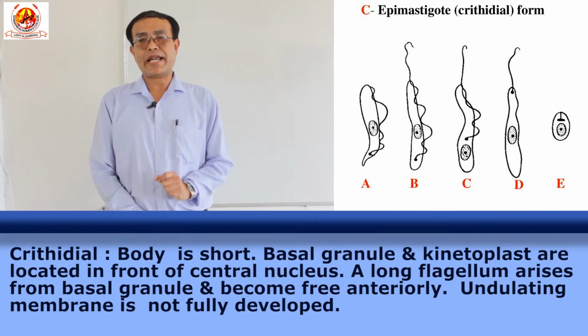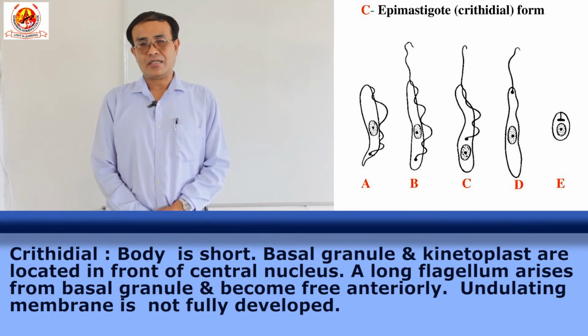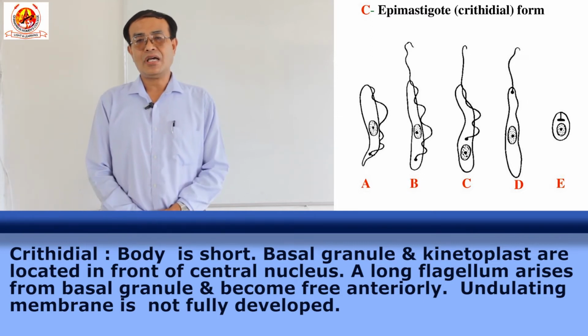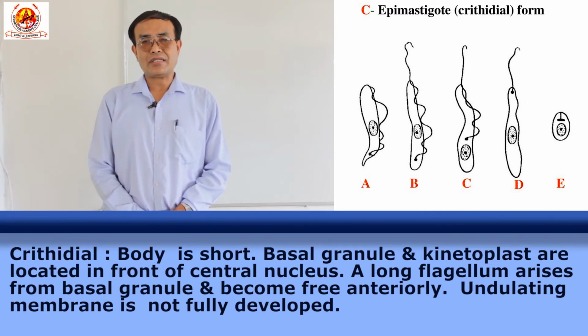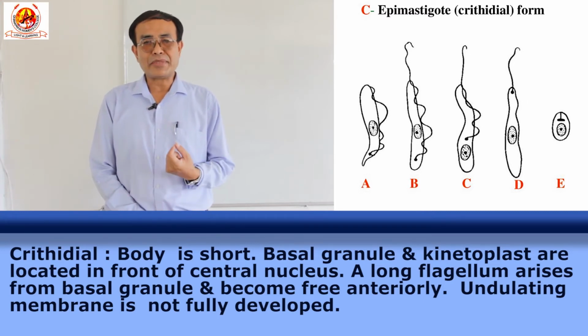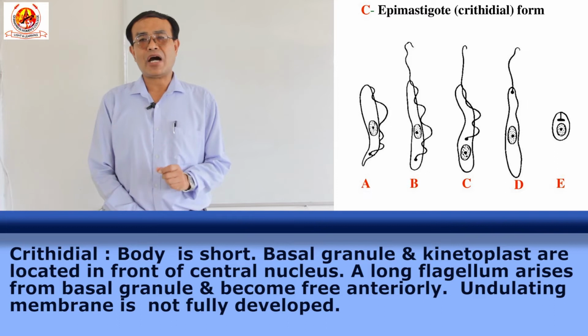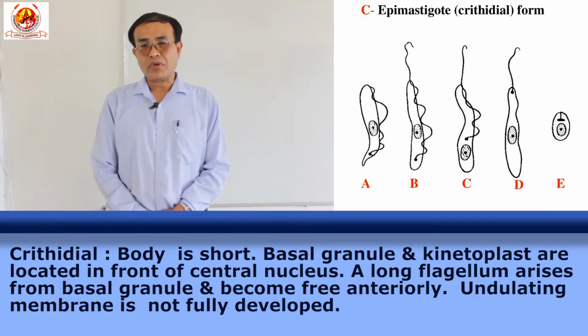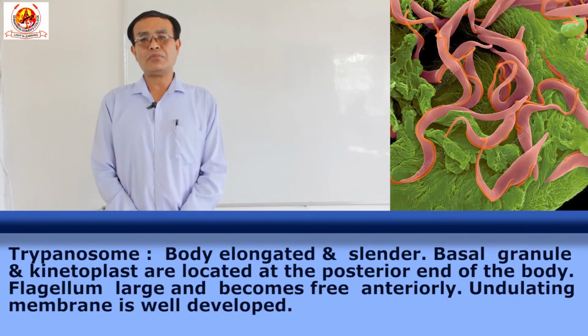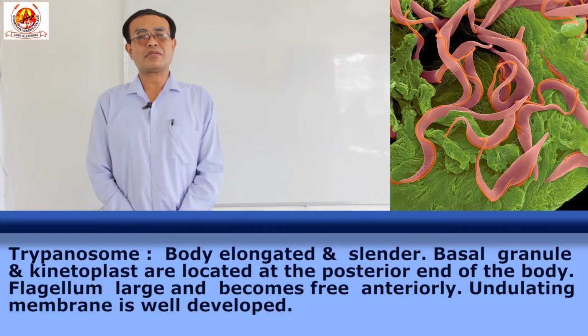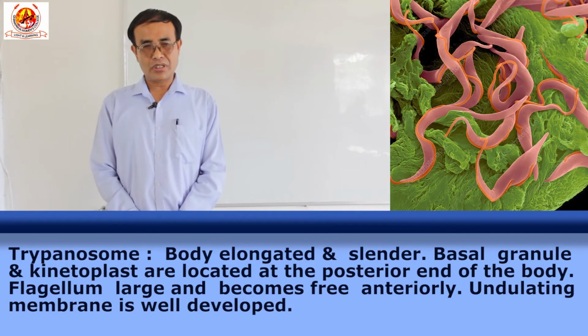Then the next one is the crithidial or epimastigote form. It has the basal granule and kinetoplast just in front of the nucleus, and from the kinetoplast and basal granule the flagellum arises, runs upward and hangs freely at the anterior-most part of the body. And the last one is the trypanosome, also known as trypomastigote.